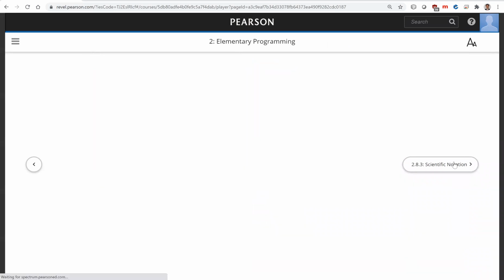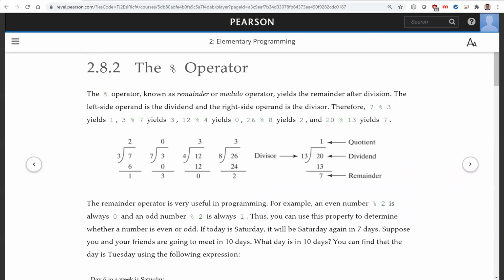Now let's look at the remainder operator. Remember, if you have 2 integers and perform the division, the remainder operator gives the remainder. Here, 7 remainder 3: 7 divided by 3, and the remainder is 1.